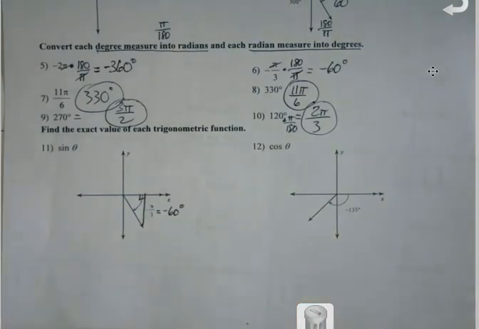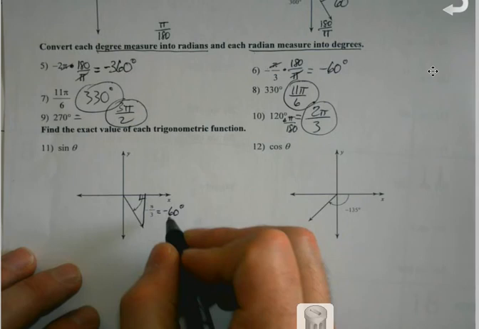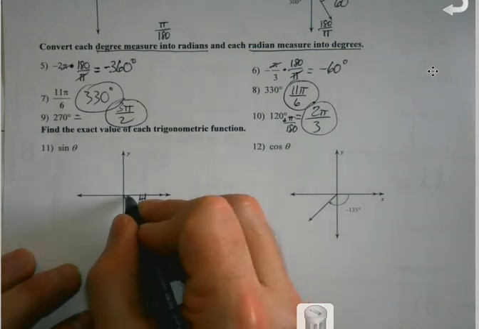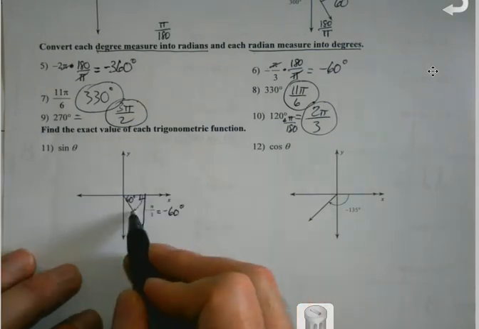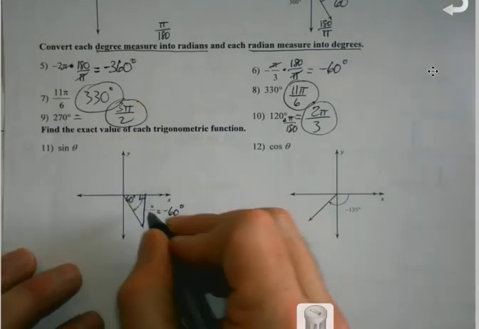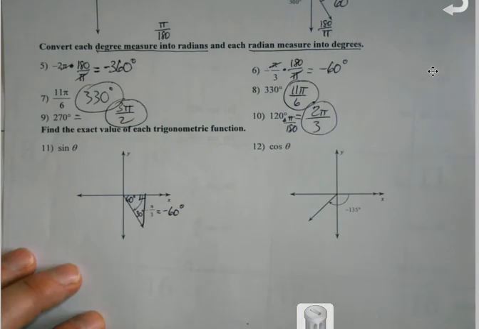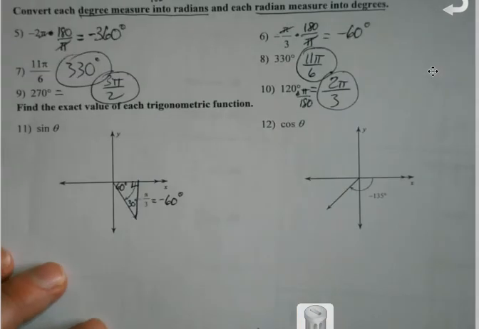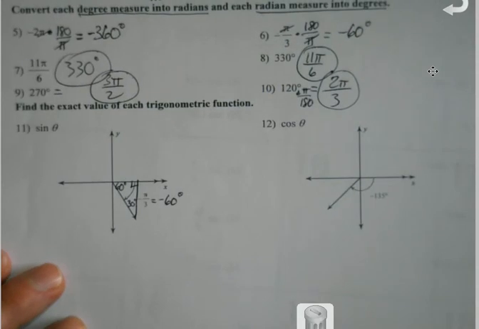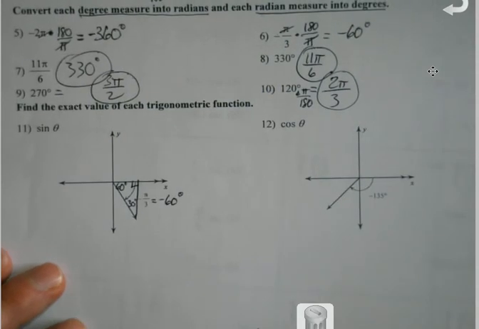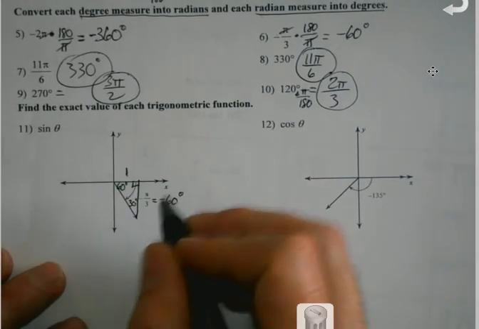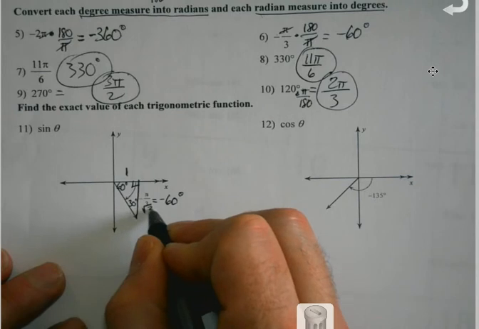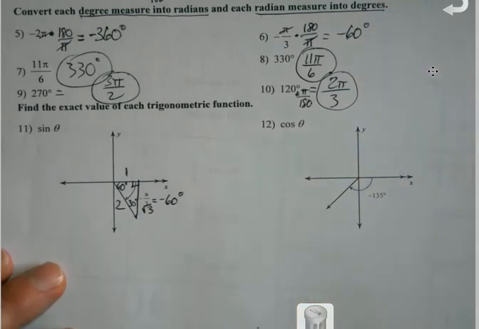I always like to do this. And say, okay, well, if this angle is 60, my reference angle would be 60, because it'd take it to get right back here. So I have a 30, 60, 90 triangle, which I will jumbo here a little bit so some of you can see that a little easier. And then I could just label my sides, my 1, my square root of 3, and my 2, and then find the sine.